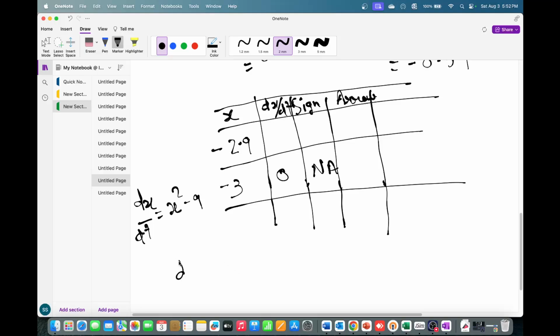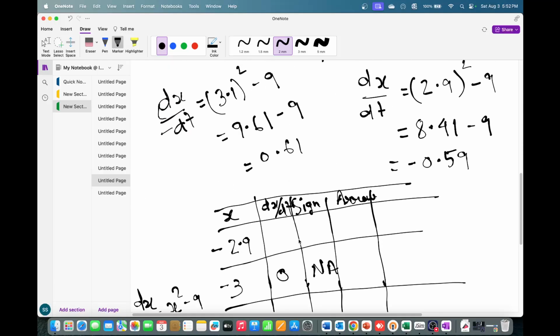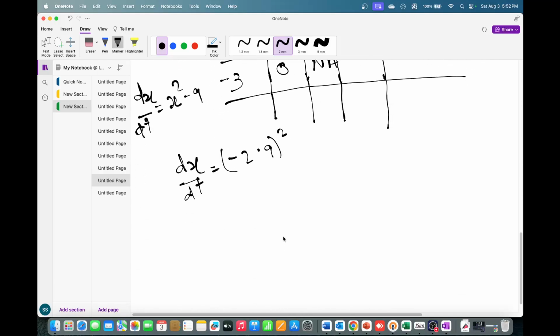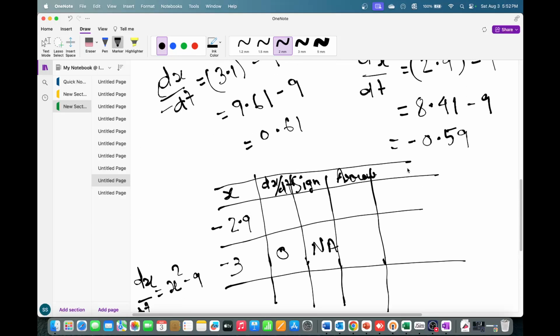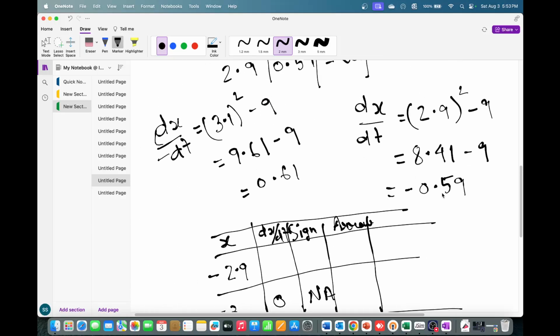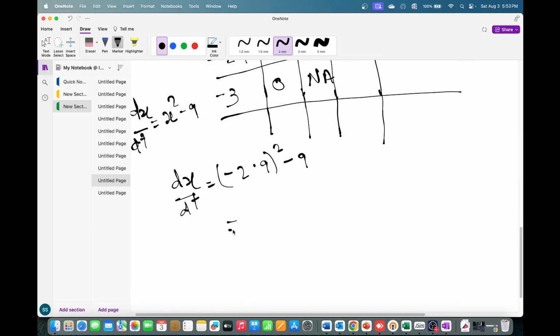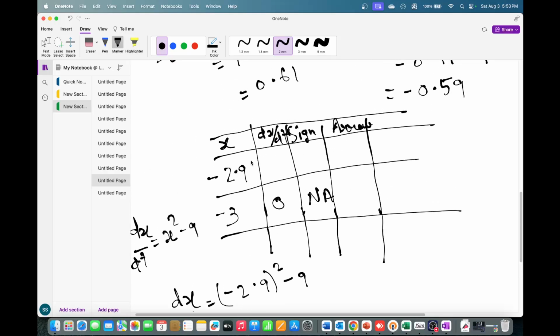Again dx/dt equals minus 2.9 squared minus 9. We have already calculated this, it's minus 0.59. The sign is negative, arrow going down.